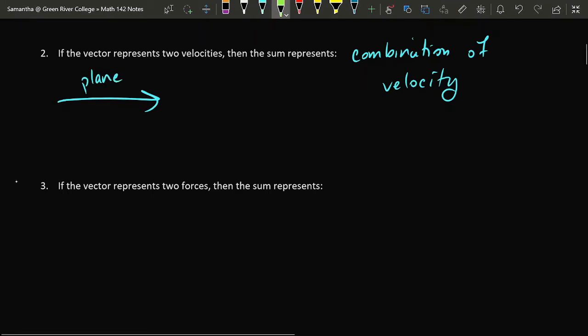But if that plane suddenly encounters a strong wind which is blowing in the opposite direction, then that wind blowing against the plane is going to change the plane's velocity unless the pilot does something to compensate. So it will slow the plane down, and that will result in a shorter overall velocity vector for the plane.